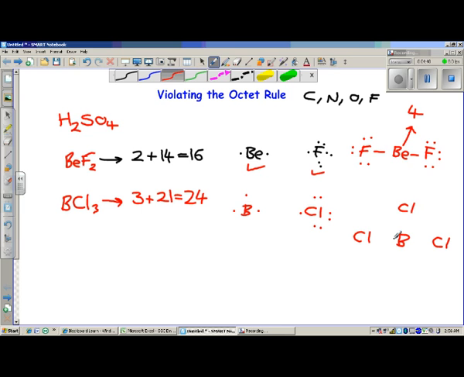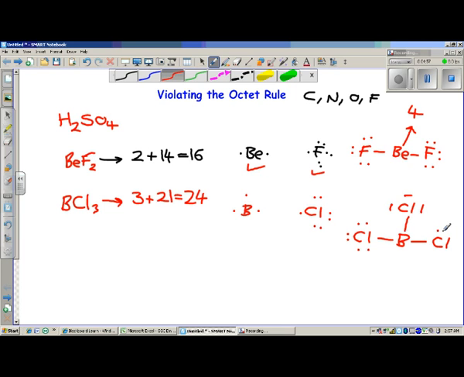Chlorine, fluorine. We'll put our single bonds between them, same as we always do. And then, just as we did for the fluorines, we're going to draw on our lone pairs to complete the octets of each of the 3.